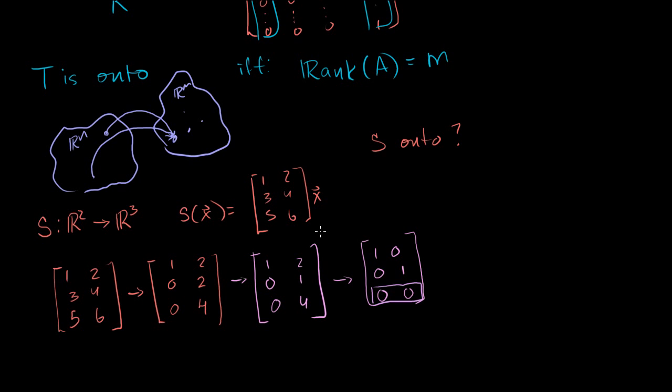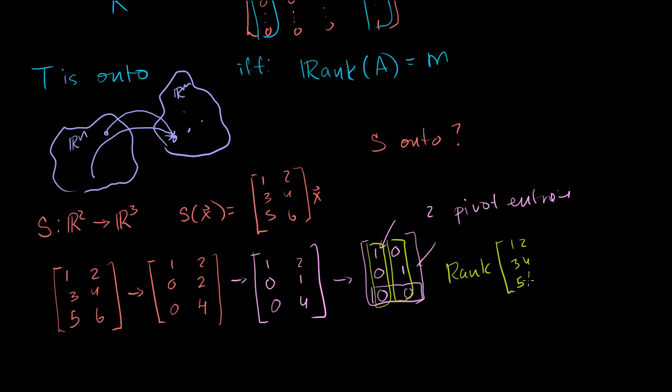We have 2 pivot entries, or 2 rows with pivot entries. And we also have 2 pivot columns, 2 pivot columns right there. So the rank of this matrix, [1, 2; 3, 4; 5, 6], is equal to 2, which is not equal to our codomain.